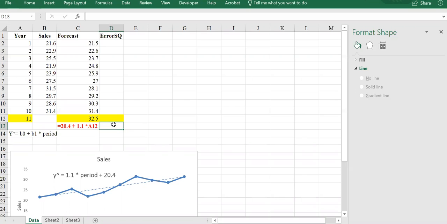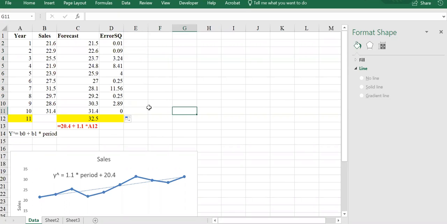So for error squared, parenthesis, actual value minus forecasted value, squared. I just need to do it for all the periods for which I have both sales and forecasted value, from year 1 all the way to year 10.